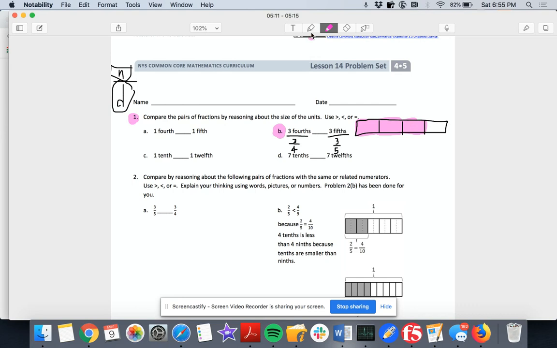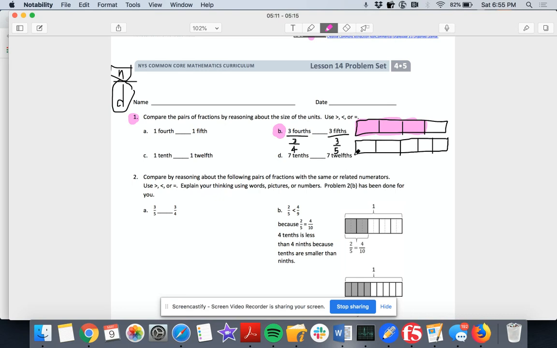And now for 3/5, I'm going to be conscious and draw the same size chocolate bar, the same size tape diagram. But instead of 4 equal pieces, I am going to have 5 equal pieces. So let's draw this into 1, 2, 3, 4, 5 equal pieces.